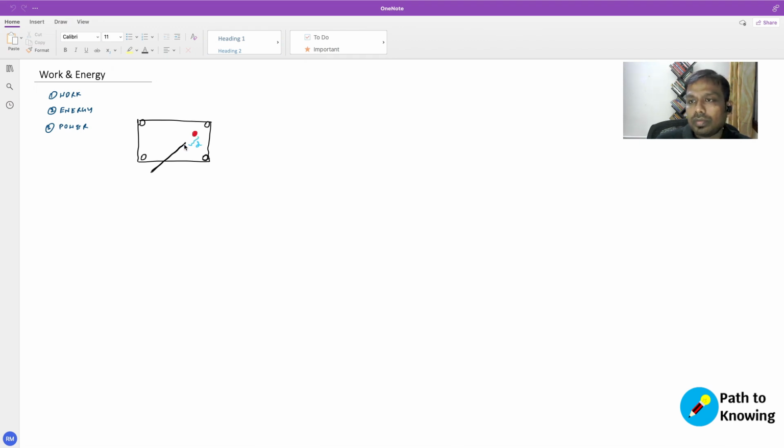Now, when you hit this, the cue stick is going to hit the ball, and the ball is going to reach the pocket. What's really happening here? Before this, everything was at rest. The cue stick was at rest, the ball was at rest, and the table was also at rest.